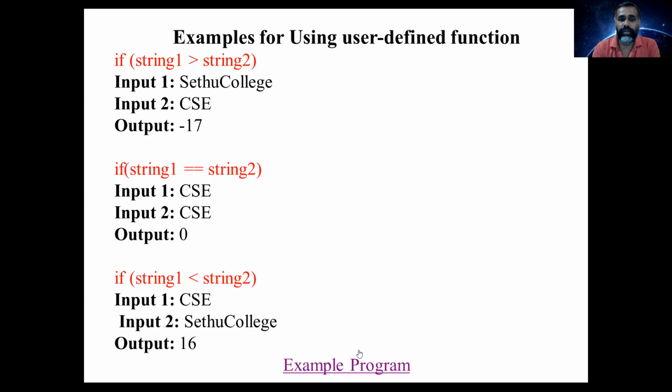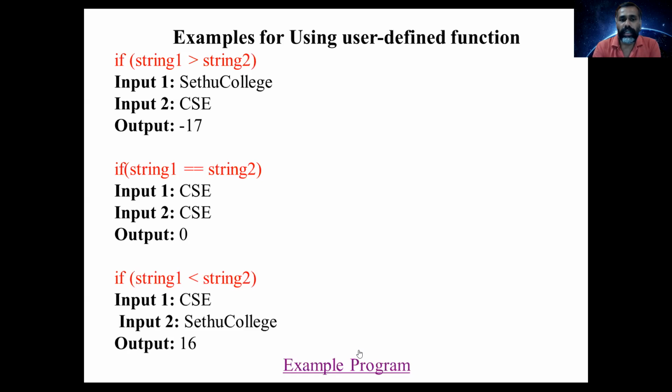If string 1 underscore ch, the first character, is not equal to string 2's first character, then it returns string 1 underscore ch minus string 2 underscore ch. So if we have an integer value in str1 underscore ch, this value will be subtracted by this value. This condition will be repeated until we reach the condition i less than length of minimum.